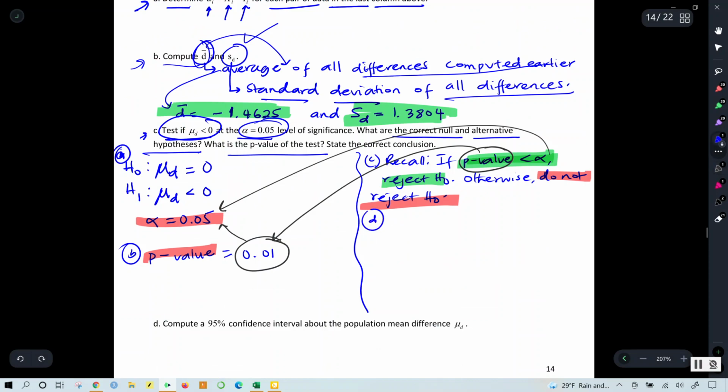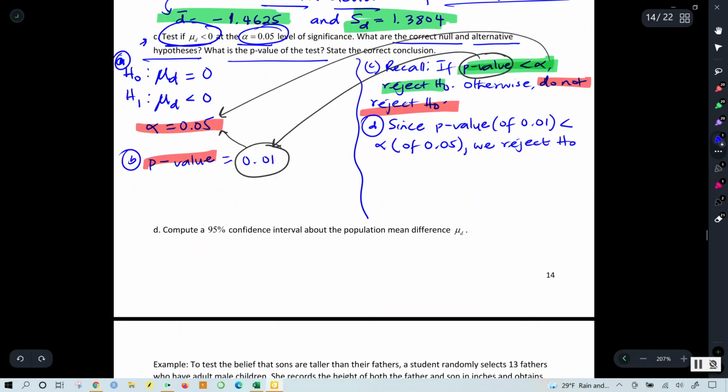So here's my conclusion. Since my p-value of 0.01 is lesser than alpha, which is 0.05, based on the rule of making decisions, we reject the null hypothesis.